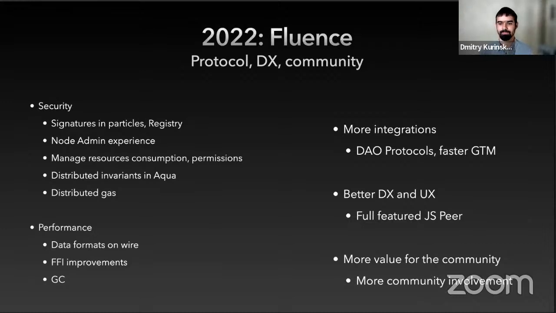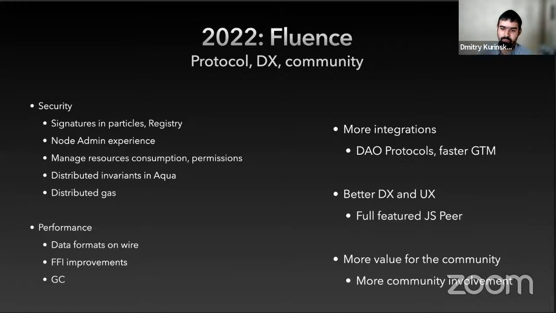That's about the core. And about developer experience and the community, first of all, we want to have more integrations, more and better deeper integrations with other protocols. And one of the goals is to provide DAO protocols and to enable faster go-to-market for the community, for the projects on top of the Fluence network.